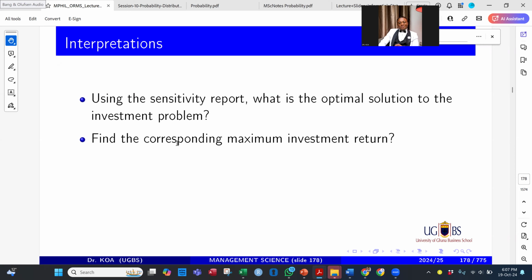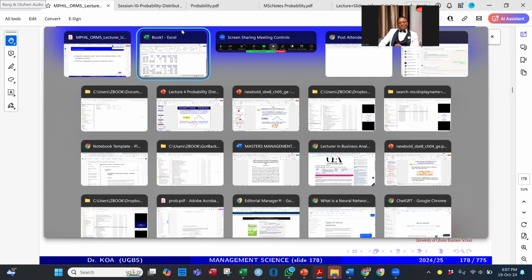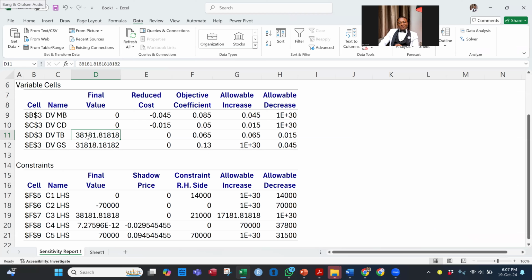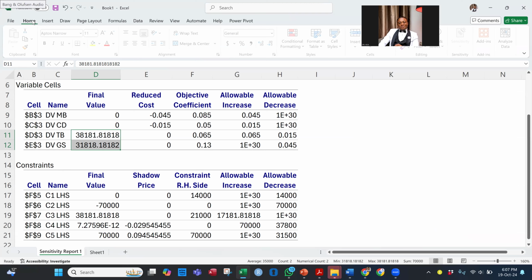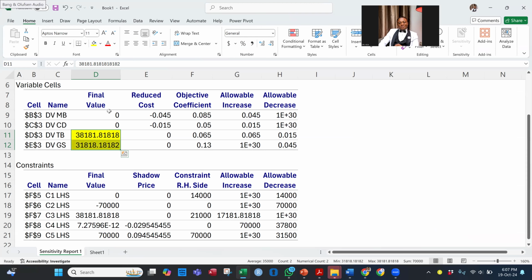Now, the maximum investment return can only be found by, that's why they use the word corresponding, because initially you said that we should invest in this one. So this one that we are investing in has a corresponding interest rate, which is this 6.5% and the 13%.